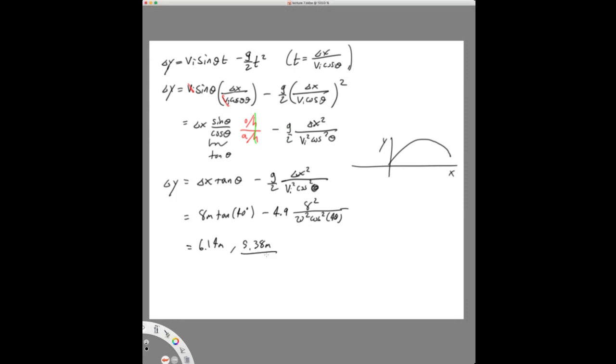I got this number twice. Anybody get a number yet? I keep getting like less than 1. Less than 1? Definitely doing it wrong though. Okay. Anybody else getting something like that? Less than 1?